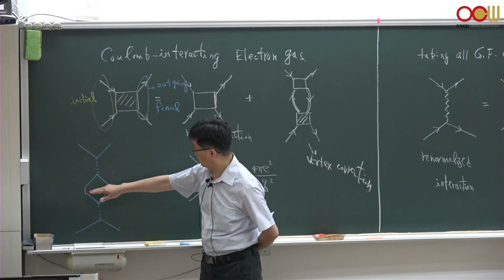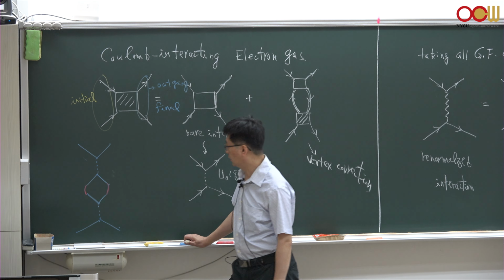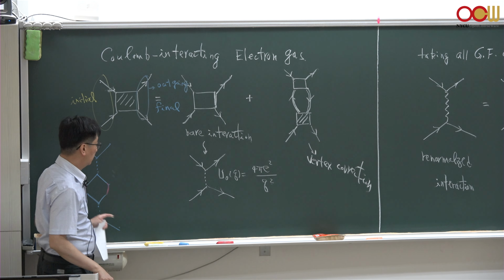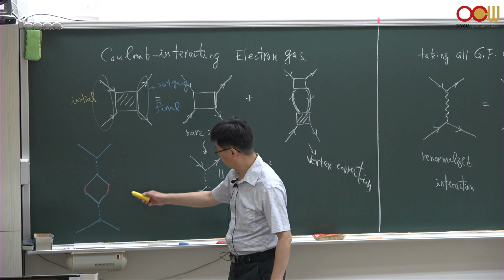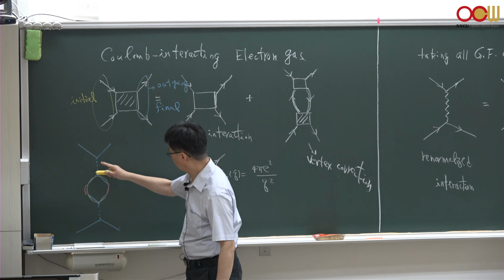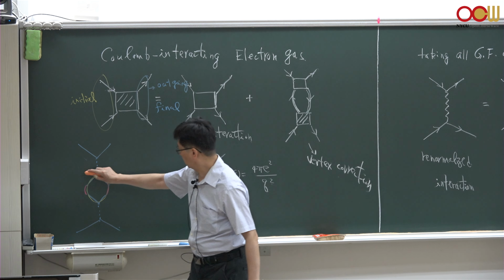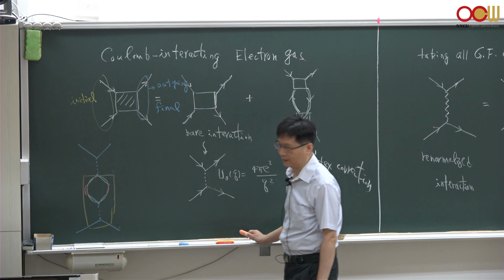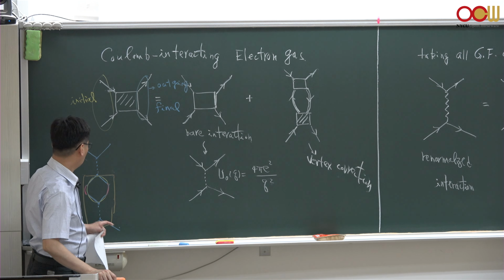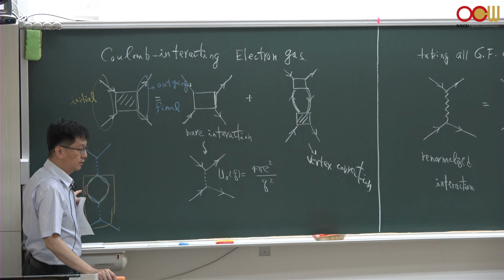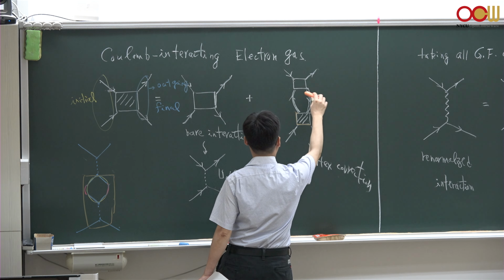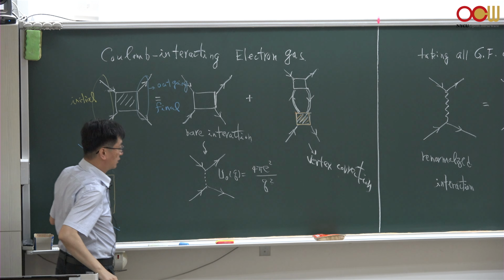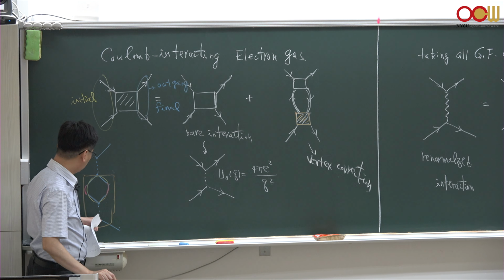So you could connect all these intermediate propagators in between these two dashed lines. And this is precisely what we call this vertex correction, because this kind of a bubble in the middle renormalizes this dashed line, because you could consider this as some kind of a black box which I enclose by these orange lines. So this stuff or diagrams inside the orange box is actually precisely the same as that box right here, which renormalizes the vertex point, which is the intersection point among this dashed line and these two solid lines there.